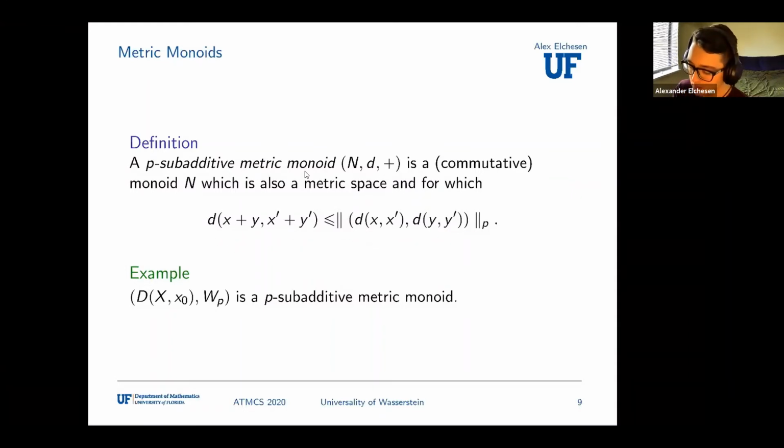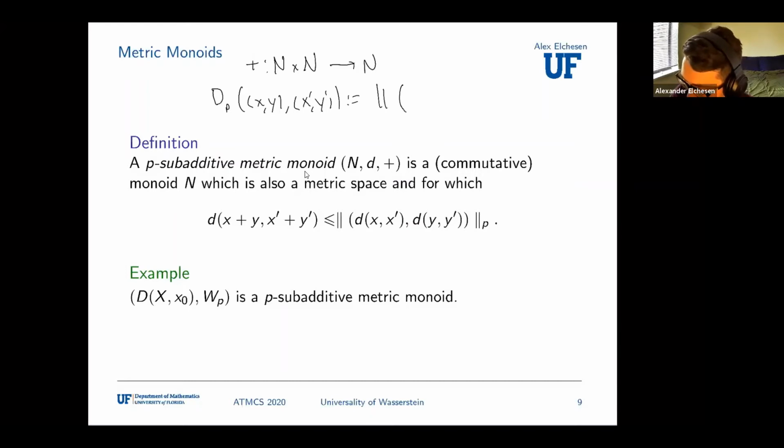And maybe let me explain a little bit where this comes from. What's going on here is that addition on N is a map from N cross N to N. There are many choices of metric that we can choose on N cross N, but one choice, I'll call it capital D sub P. The distance between a tuple (X, Y) and (X prime, Y prime) is defined to be exactly what's appearing on the right-hand side of this inequality: D of X, X prime, D of Y, Y prime, and then the P norm of that vector.